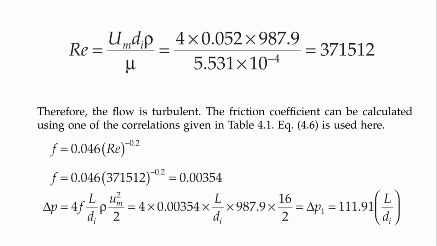After putting everything in this formula, you just leave the length to diameter ratio as it is, on one side. Then you will get delta P1, which is the pressure drop in the pipe, right? And you will leave this ratio as it is, which is the length over diameter ratio. So this is delta P1.